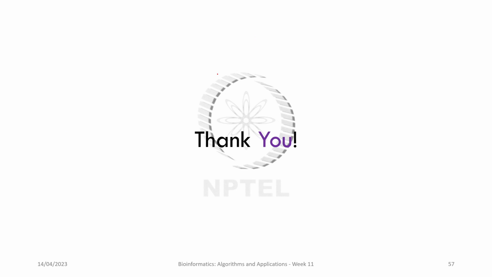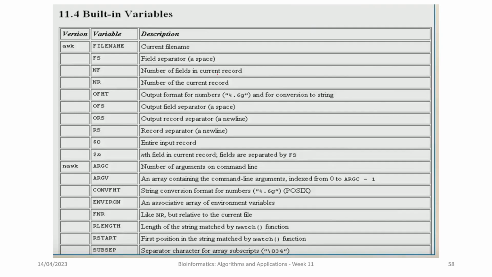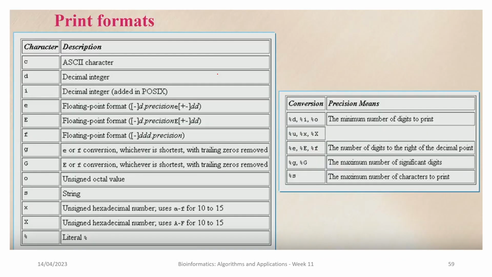So with this, my questions end. In case you want me to repeat or do some of these questions or address something else, I can do. I just pasted a few slides for ready reference. These are from the lectures only, nothing new.